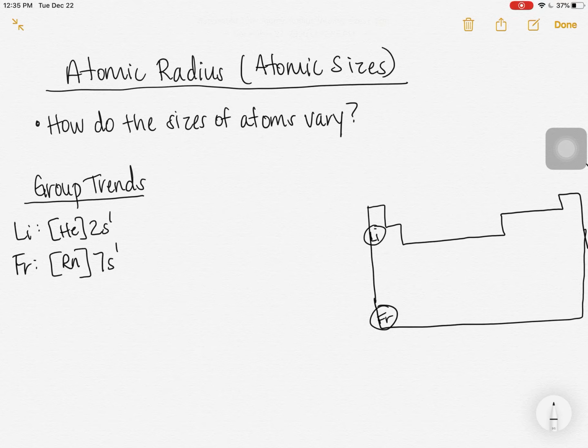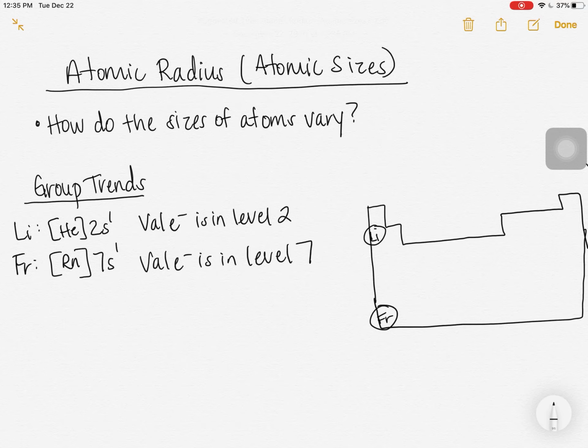These two elements have a couple things in common. They each have one valence electron. However, lithium's valence electron, or its last electron that we encounter, is in level 2, and francium's is in level 7.